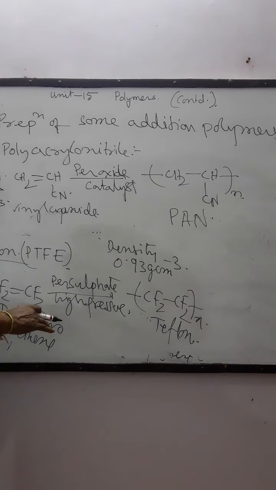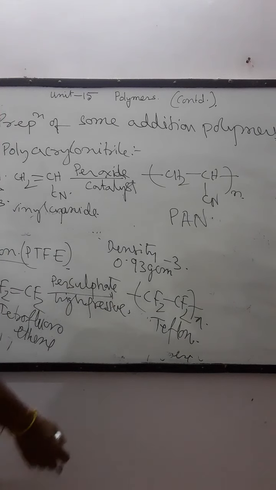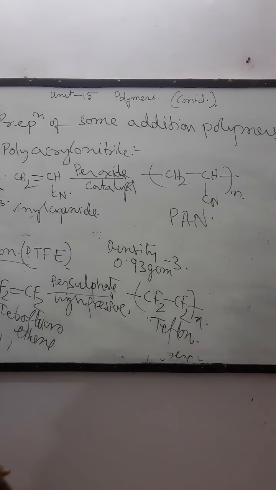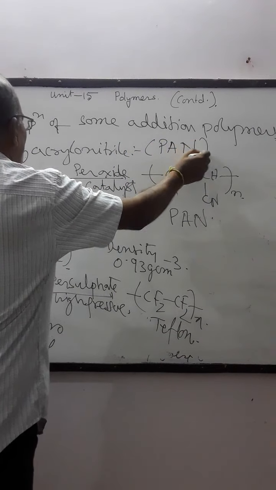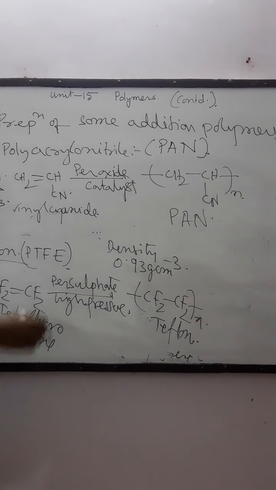If it is polymerized under high pressure in the presence of a persulfate catalyst, then we get Teflon. Our last compound is polyacrylonitrile, also known as PAN. It is prepared from vinyl cyanide or acrylonitrile in the presence of a peroxide catalyst. So this is all about addition polymers and their preparation.